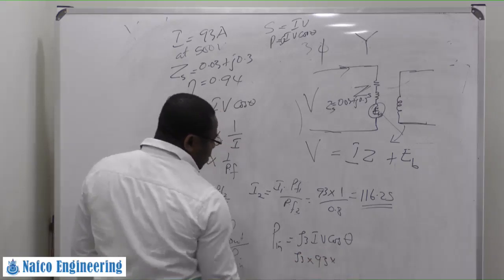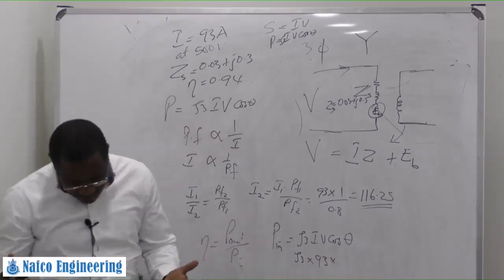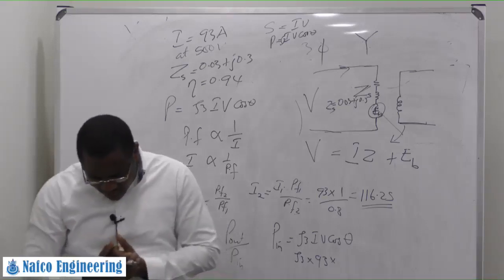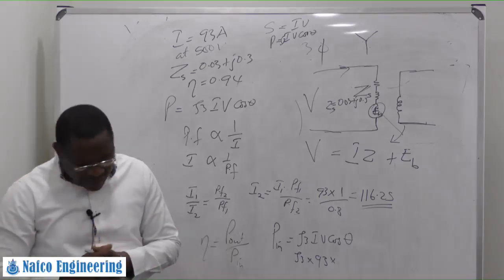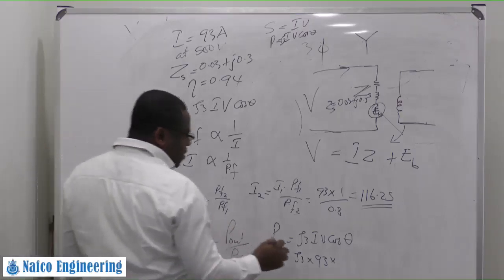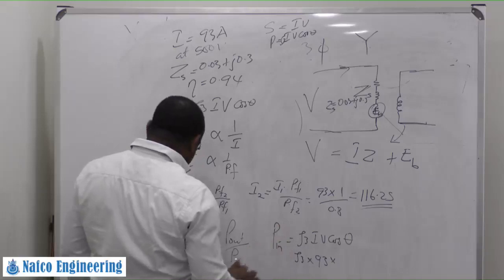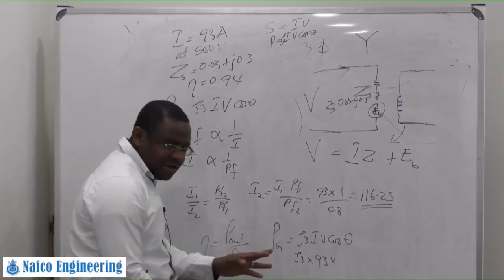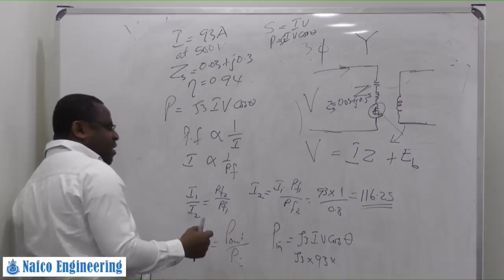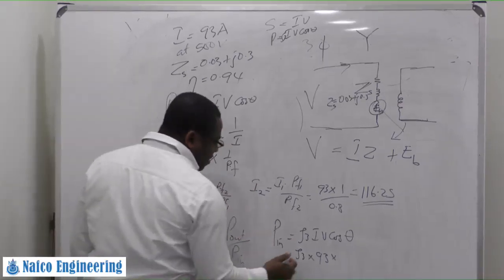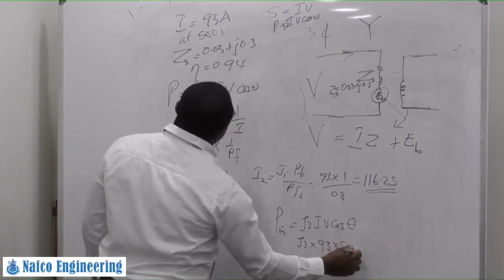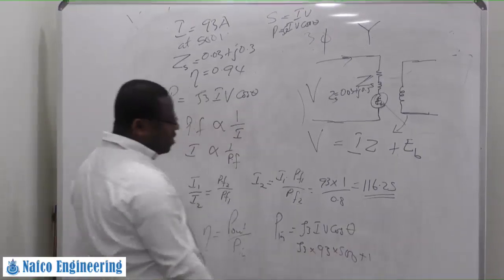They didn't tell us whether it's at 0.8, so let's check what the power developed will be at 93 amps, because at that point this is 500 volts and the power factor is 1.